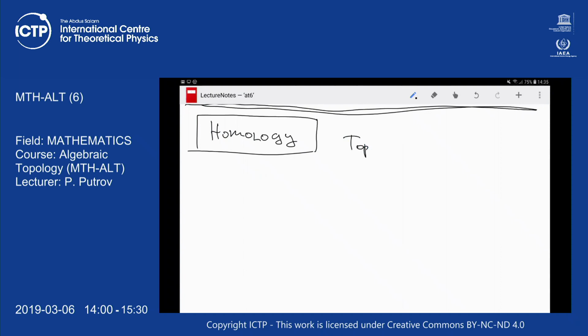Let me remind you, the fundamental group can be understood as a functor, although we very briefly discussed what a functor is, which for any topological space assigns some group.